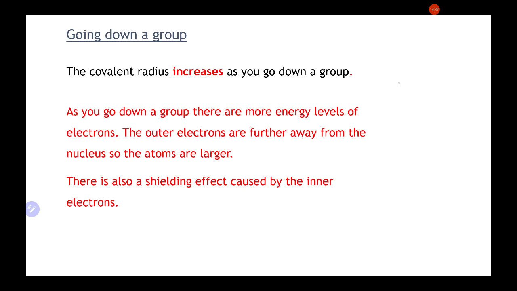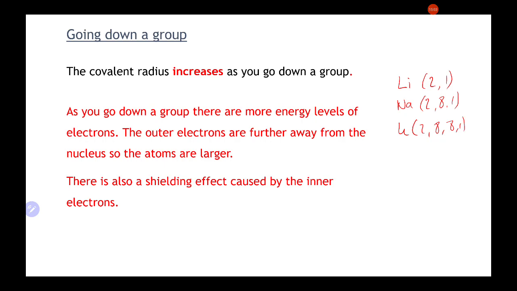If we have lithium again, which has an electron arrangement of 2, 1, and then if we go to sodium, going down that group, your electron arrangement will be 2, 8, 1. Then if we go down further, we've got potassium, which is 2, 8, 8, 1. We'll stop there just now.